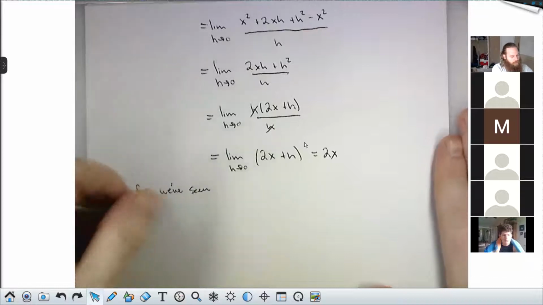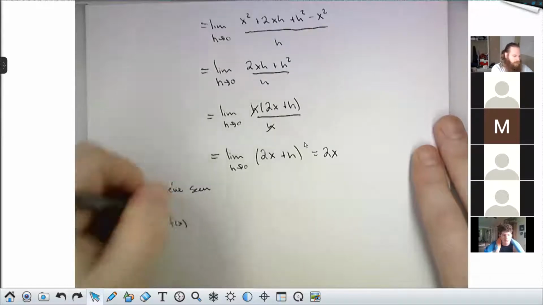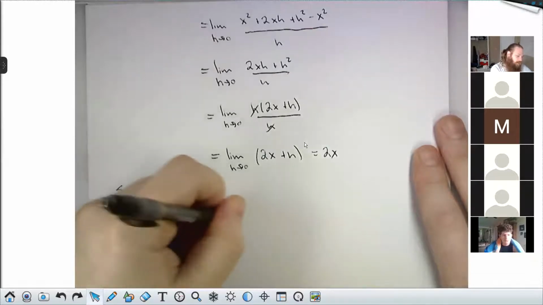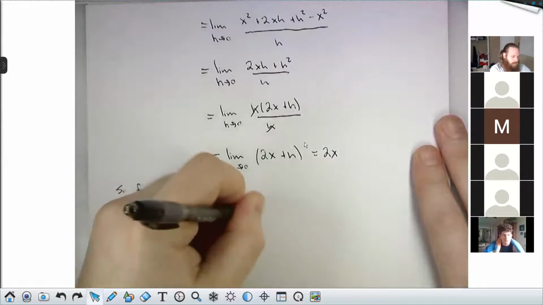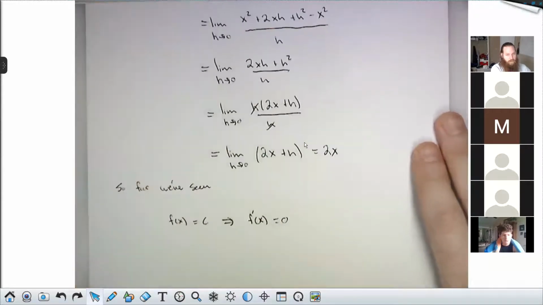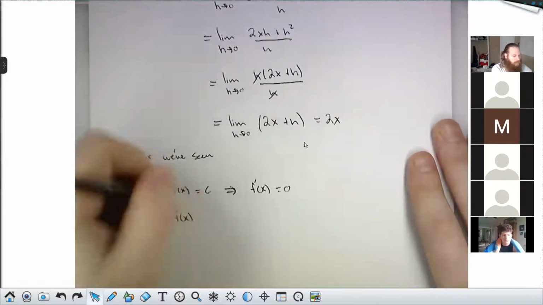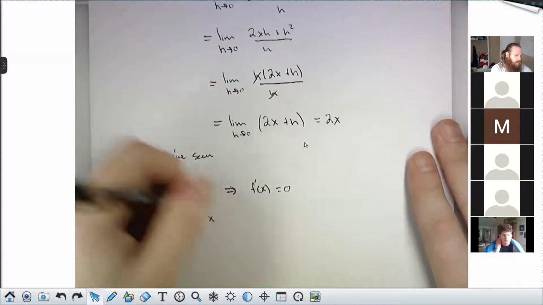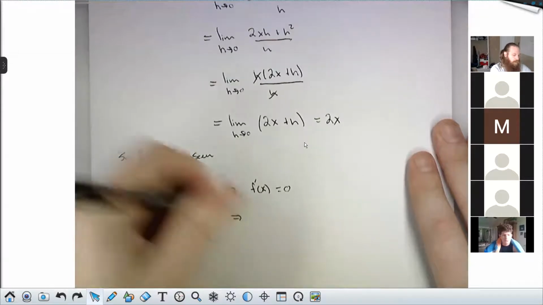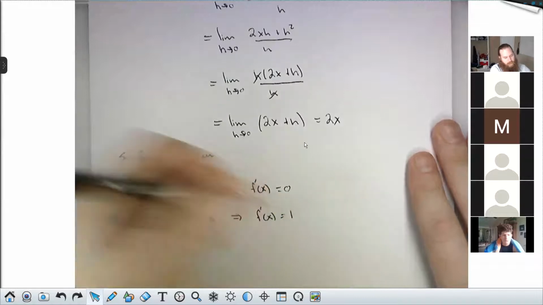We've seen that the derivative of the constant function is 0. The derivative of x to the 1 is 1.